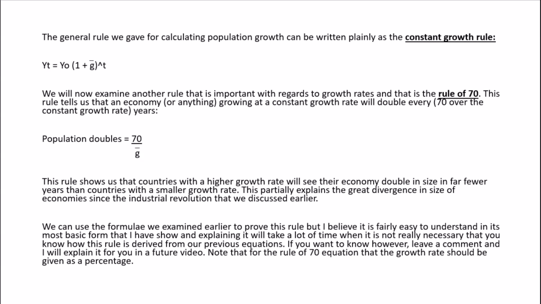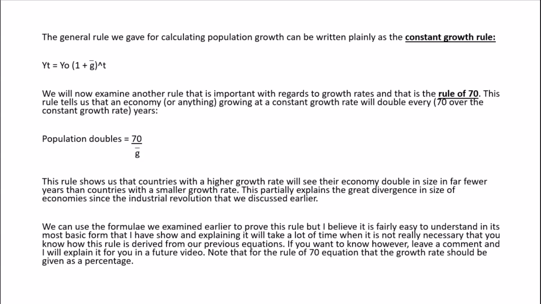So we will now examine another rule that is important with regards to growth rates, and that is the rule of 70. This rule tells us that an economy, or anything, so any variable we're looking at, growing at a constant growth rate will double every 70 over the constant growth rate years.